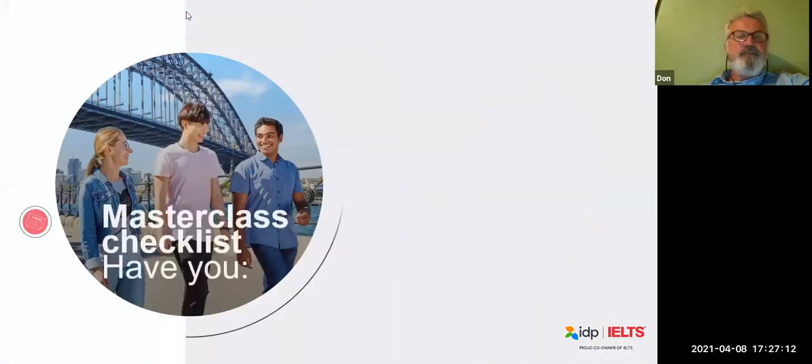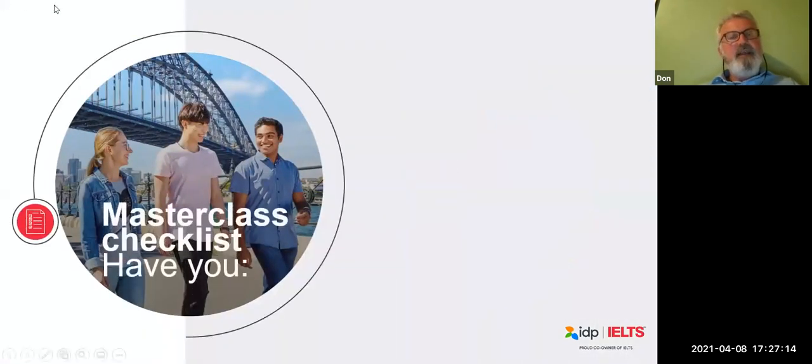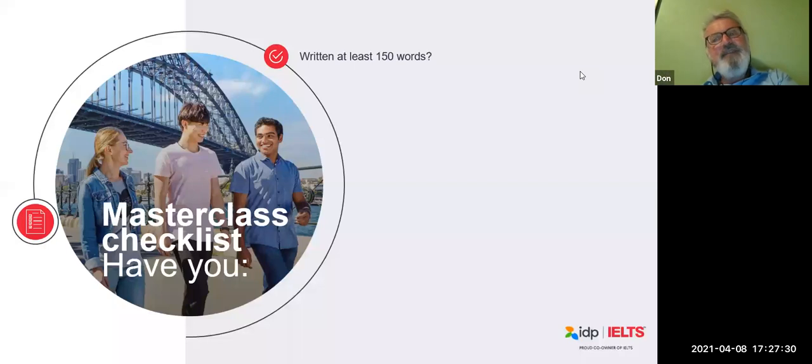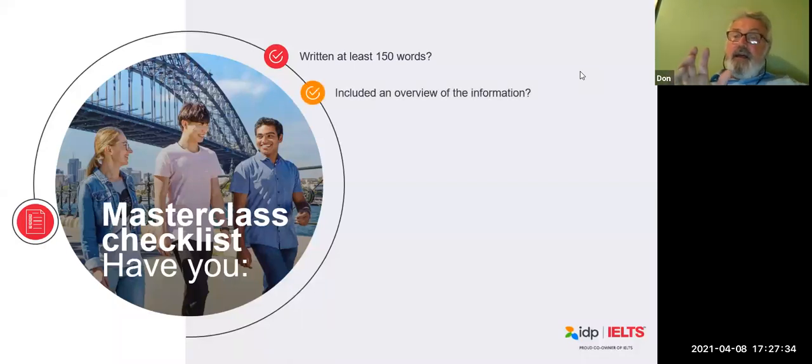Okay, we've looked at the academic task 1, and just to remind you of the main points, 150 words, not 250 words, not 130 words. 150 to 170 is a good number. Have you included an overview?